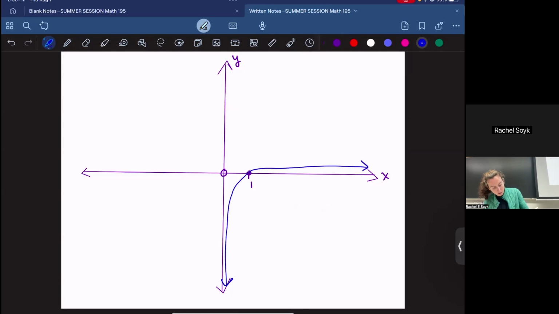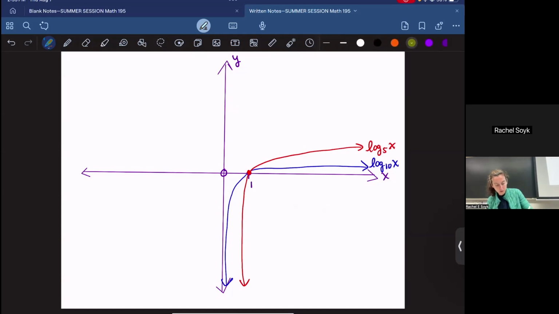All right. So we have log base 10 of x. And then we'll do a log base 5 of x, which is now slightly further away from both axes. And then we'll do a log base 2 of x, which is even further away.